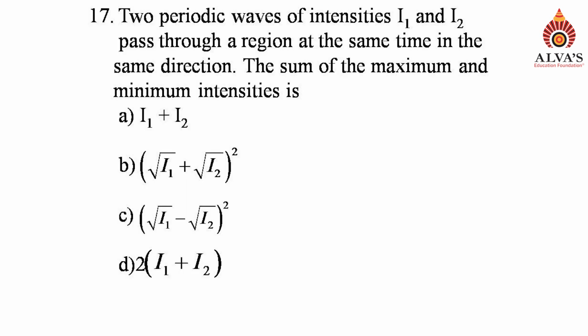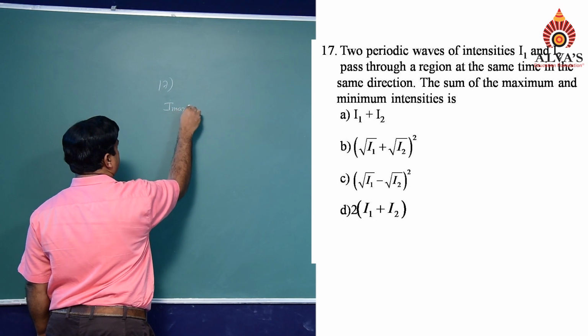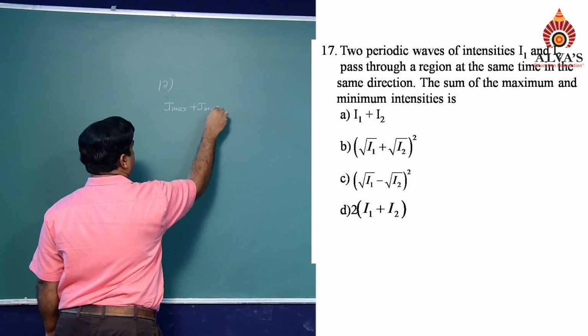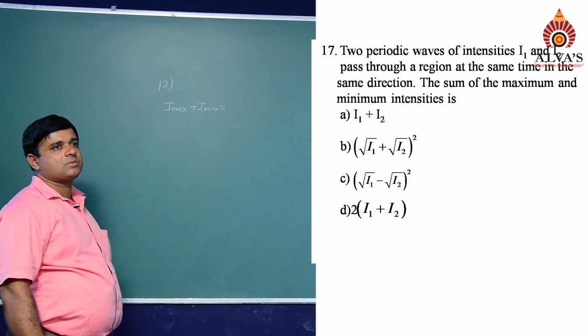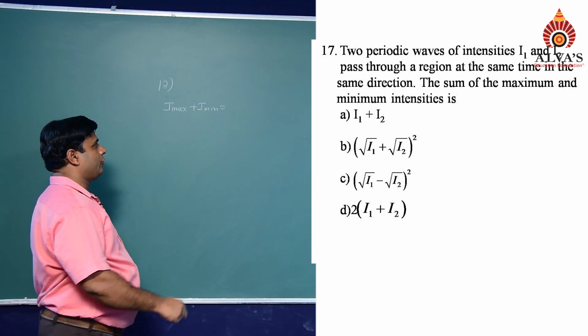Two periodic waves of intensities I1 and I2 pass through a region at the same time in the same direction. The sum of the maximum and minimum intensities is... So intensity of two waves is given, I1 and I2. You have to find out the sum of the maximum and minimum intensities. I maximum plus I minimum is required. Maximum is produced when they superpose in phase. Phase difference should be equal to 0 degree.